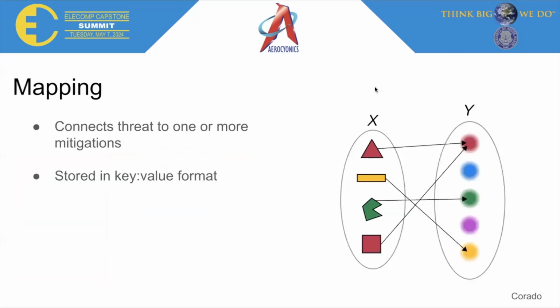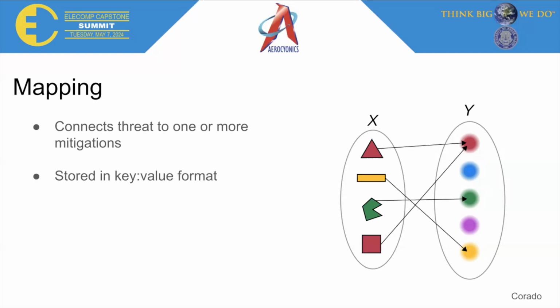As for the mapping script I mentioned prior, if you could see here on the right, imagine that the X column are mitigations and the Y column are threats. As you can see, this red triangle and the red square both point to the same red circle. If you imagine this triangle is a mitigation and this square is another mitigation, they point to the same threat. This just goes to show that one threat could have multiple mitigations.